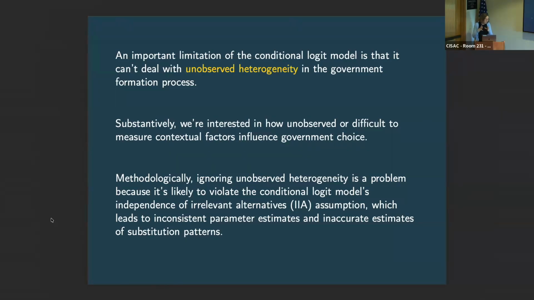And we would ignore all of that. Methodologically, if you ignore unobserved heterogeneity, it violates the conditional logit model's assumption of IIA. This is a problem because it means we have inconsistent parameter estimates, and we're also going to incorrectly estimate the substantive effects of our independent variables, these things we care about.